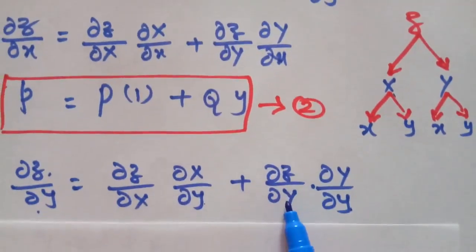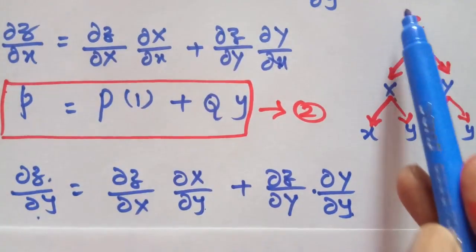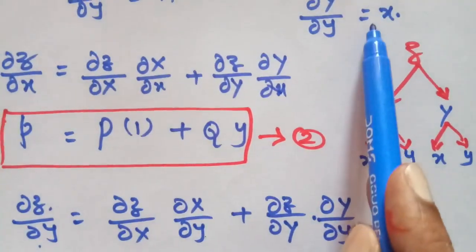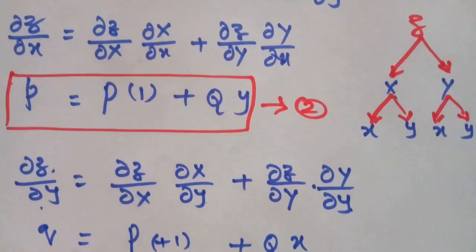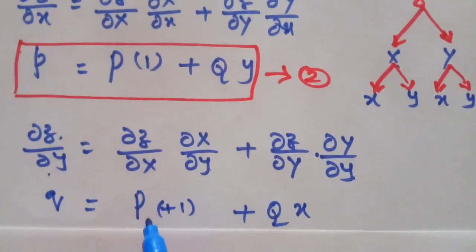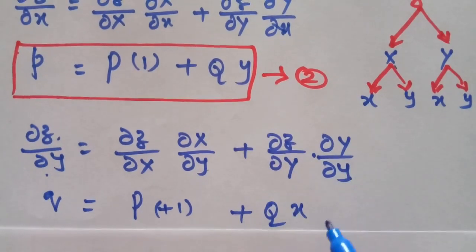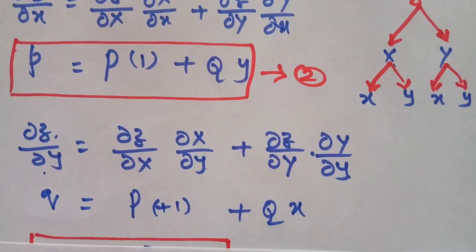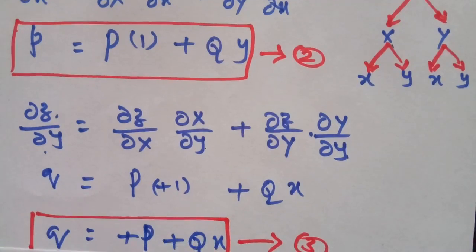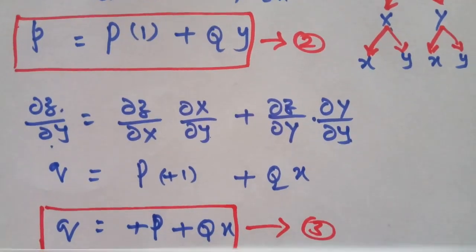Dou z by dou capital Y is capital Q, and dou capital Y by dou y is small x. Therefore, small q is equal to capital P times 1 plus capital Q times x. Therefore, small q is equal to P plus Qx. Say this is equation number 3.